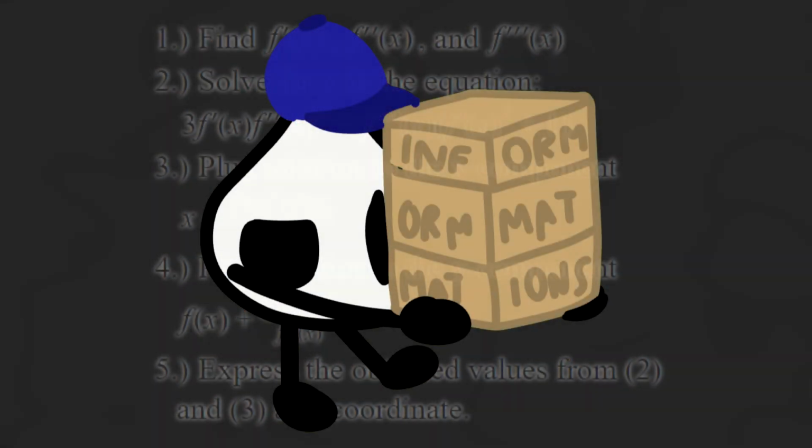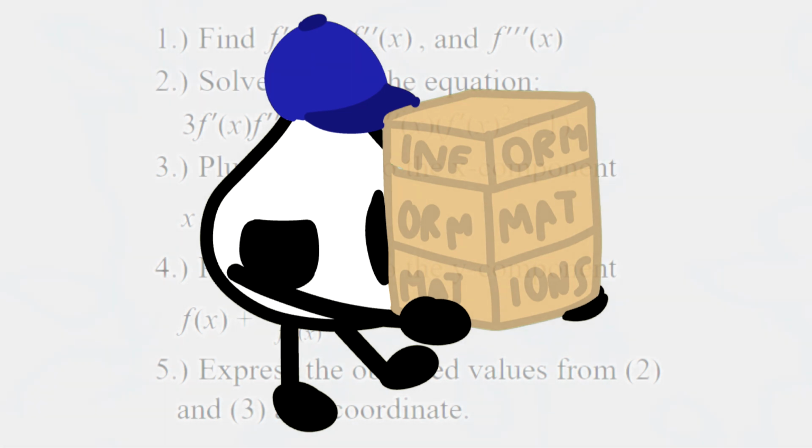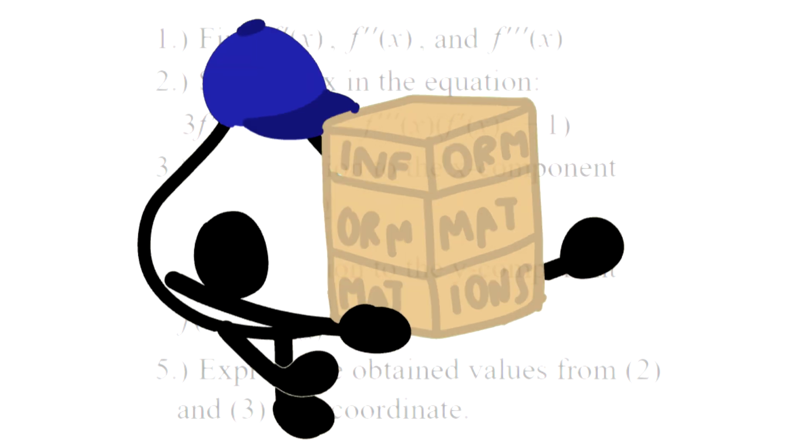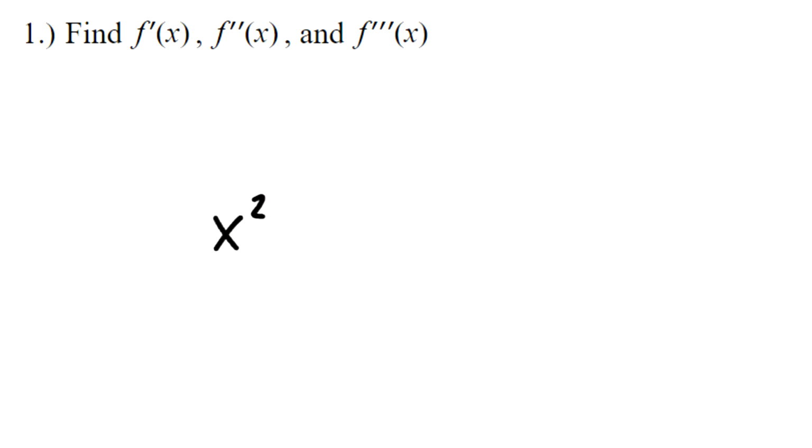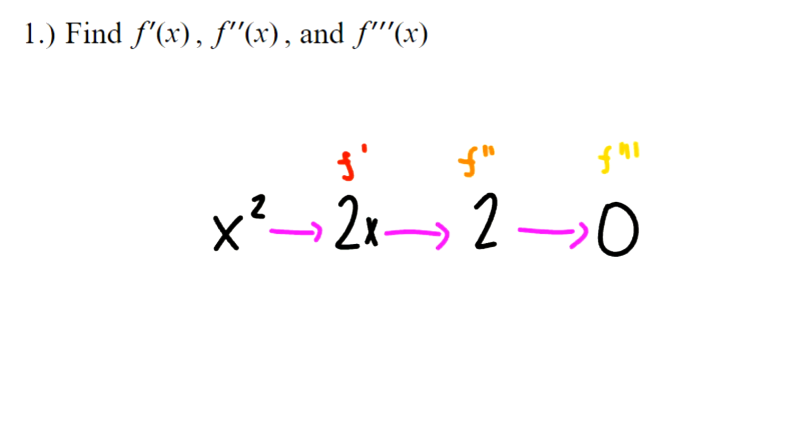Now that we have been furnished with this information, let's use these steps on an example. An easy one, x squared. So, step 1, find f prime, f prime prime, and f prime prime prime. Using the power rule thrice, x squared becomes 2x, 2x becomes 2, and 2 becomes 0, respectively.